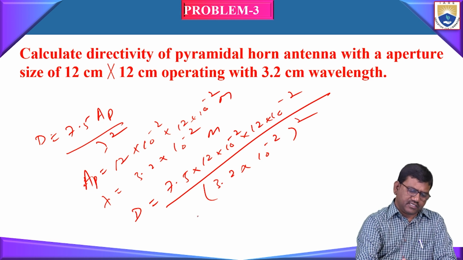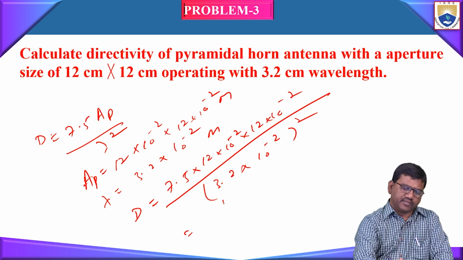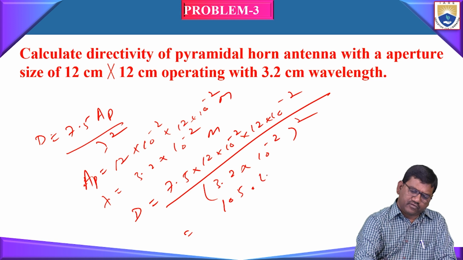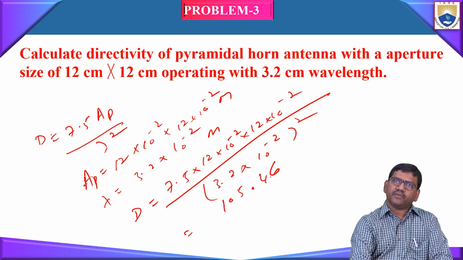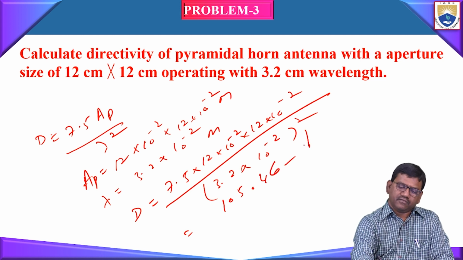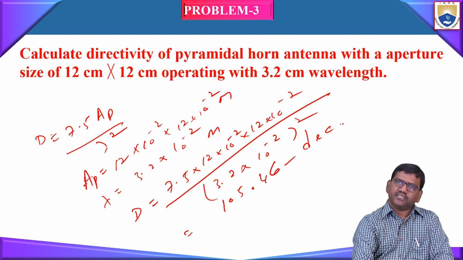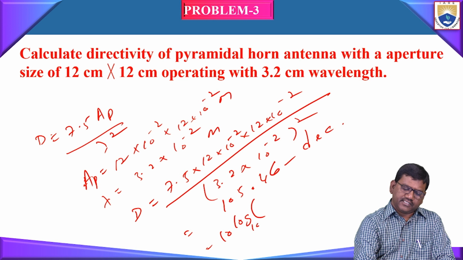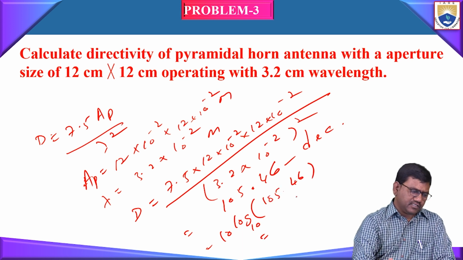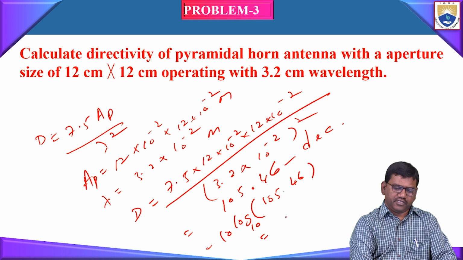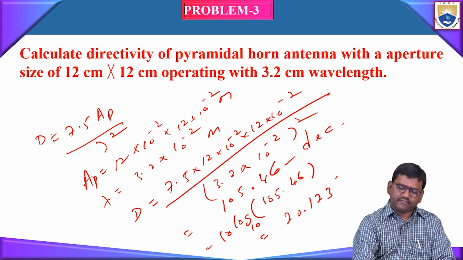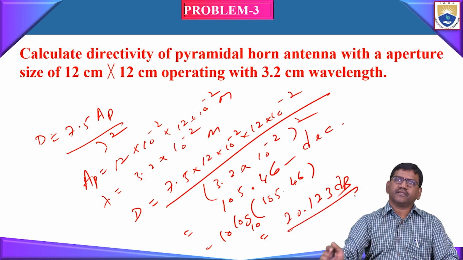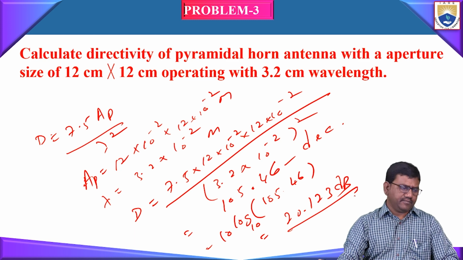If we simplify this, you will get approximately 105.46, which is the decimal value. We need to convert this into dB. In dB, you can write 10 log base 10 of 105.46, which is approximately equal to 20.123 dB.